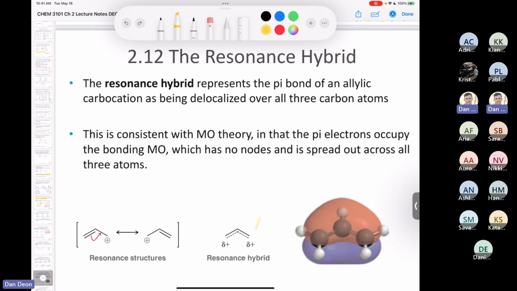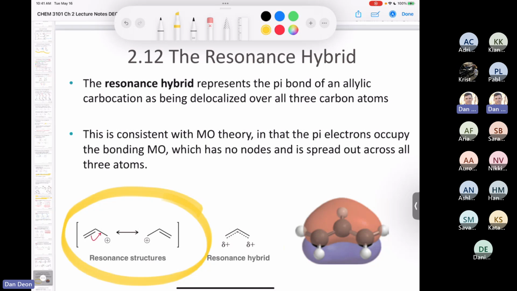So we use a model, and we draw two resonance structures in this case to demonstrate the overall resonance hybrid. This is consistent with molecular orbital theory, where the pi electrons occupy the bonding molecular orbital, which has no nodes, and the electrons are spread out across all three atoms.